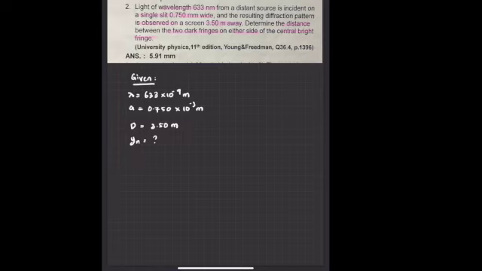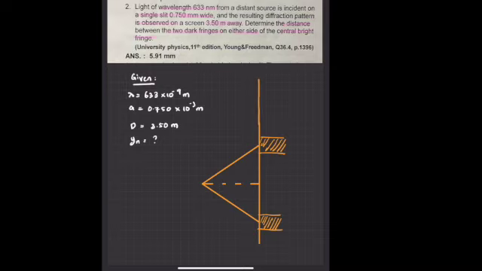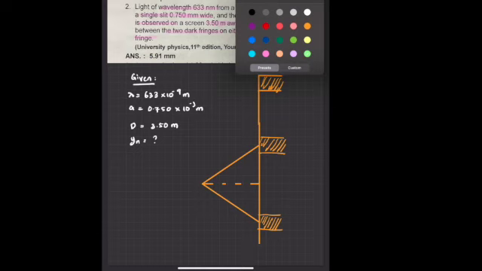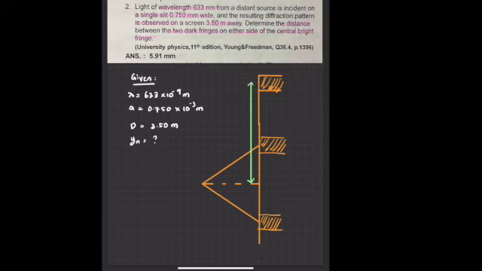Okay, let's draw first. We draw a little. Okay, at the central one. Okay, we draw the first minima there. Okay, first minimum. Then it says between two dark fringes, which means from the central to the second minimum. Okay, y n here, our n is 2. The red one is the width of the central bright. That is the width. Okay, a is the slit.